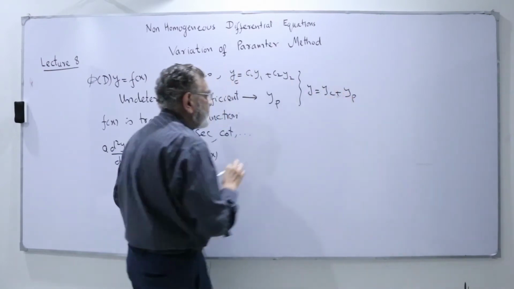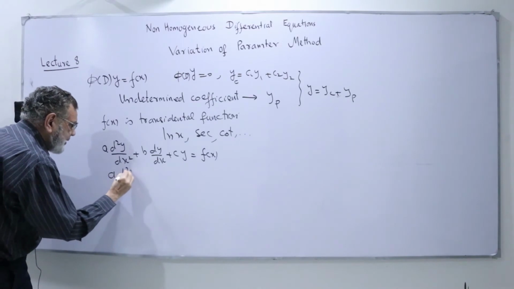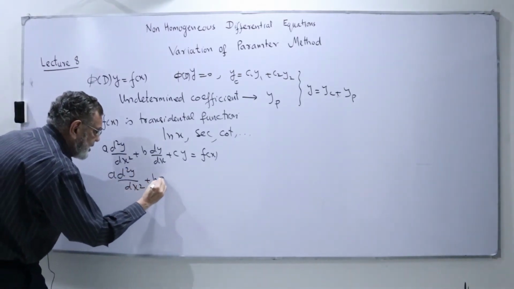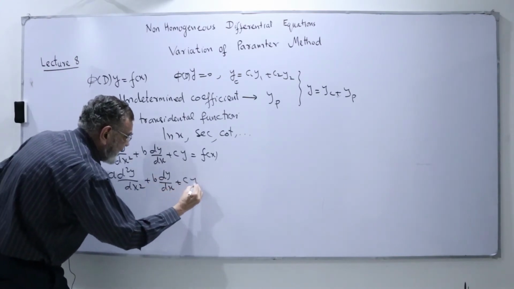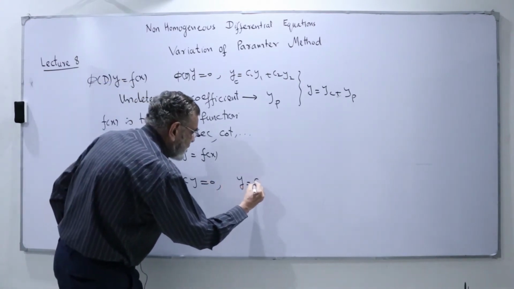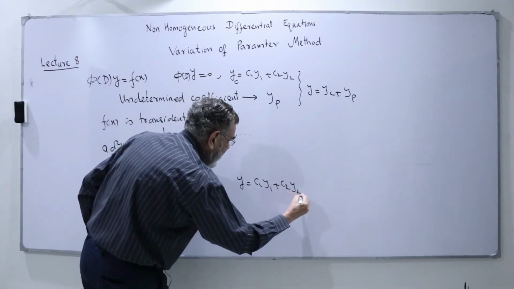So the first part is the same. We also solve a d2y by dx square plus b dy by dx plus cy is equal to 0, and I get the solution y is equal to c1 y1 plus c2 y2.